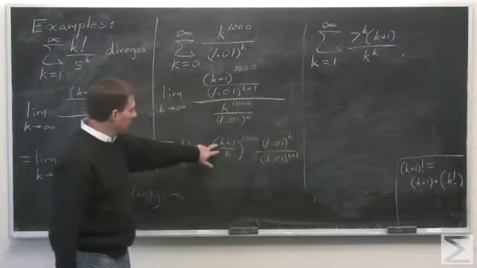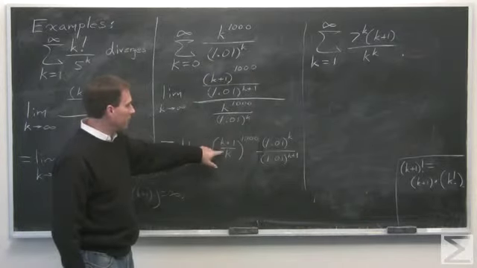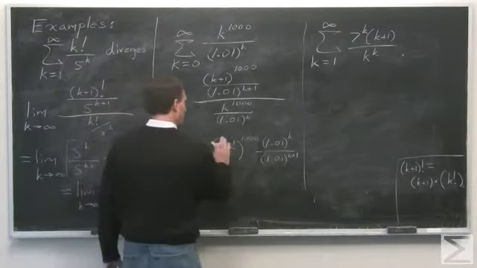All right, as k goes to infinity, you can rewrite k plus 1 over k as 1 plus 1 over k.